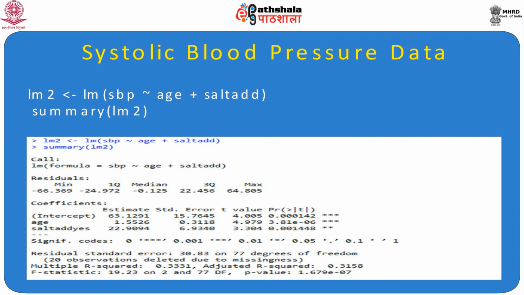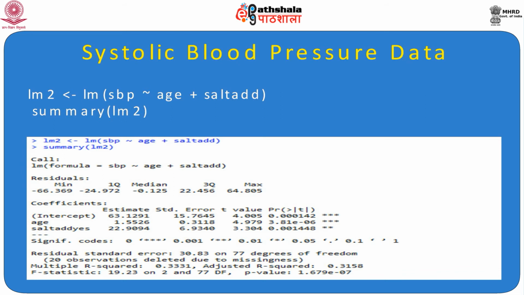So salt add yes has a significantly positive association with systolic blood pressure, significantly influencing it. Both factors considered in this linear model, age and salt add, have a positive influence on systolic blood pressure. As both factor values increase, systolic blood pressure increases.